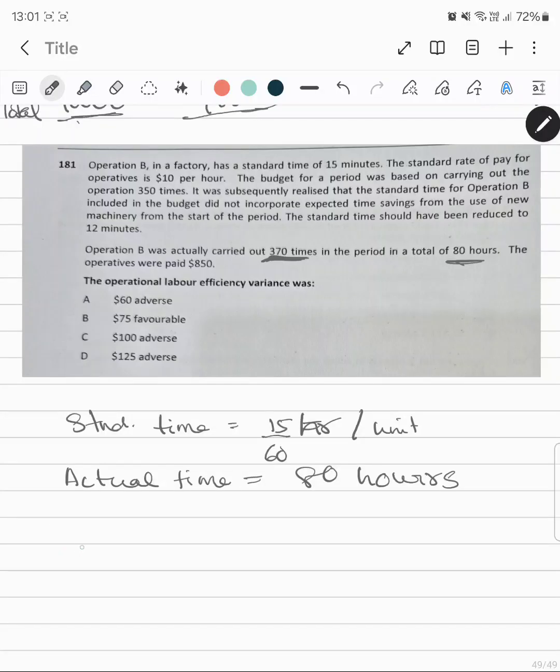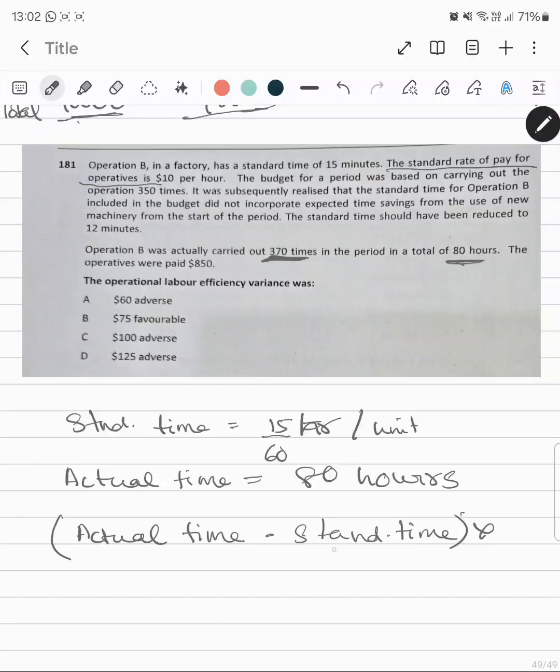So if I write the formula, we have to find the variance. So actual time minus the standard time, into my standard labor rate per hour. Okay, over here it is written standard labor rate per hour is 10. So my formula might deviate from what the formula is written in the books.